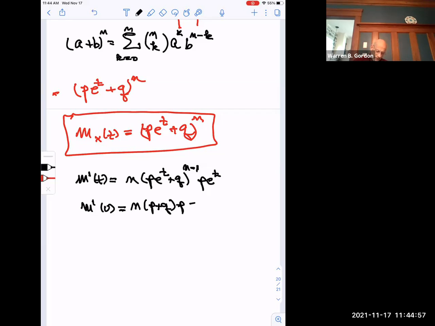P plus Q is 1, n times P. So I've just proven that E of X is equal to n times P for the binomial distribution.